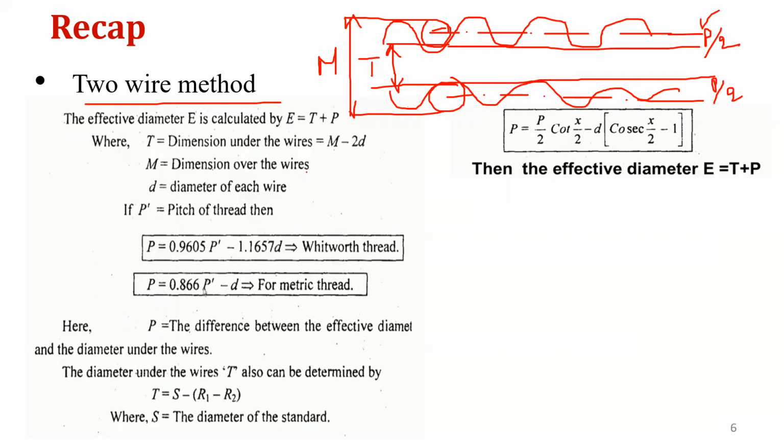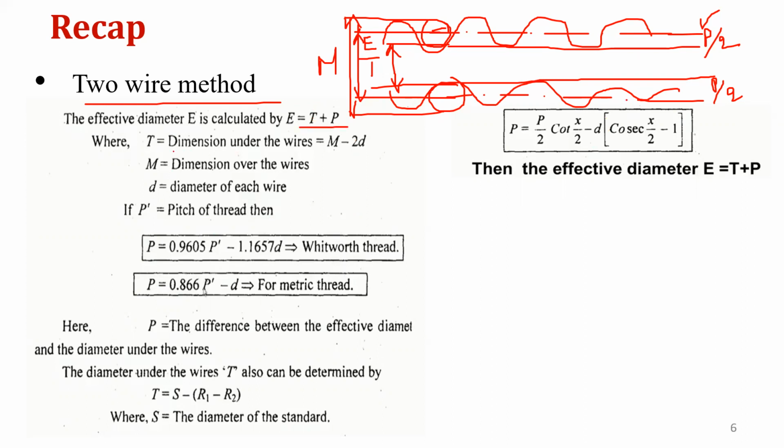The effective diameter E is equal to T plus this P by 2 plus P by 2. That is, E is equal to T plus P.